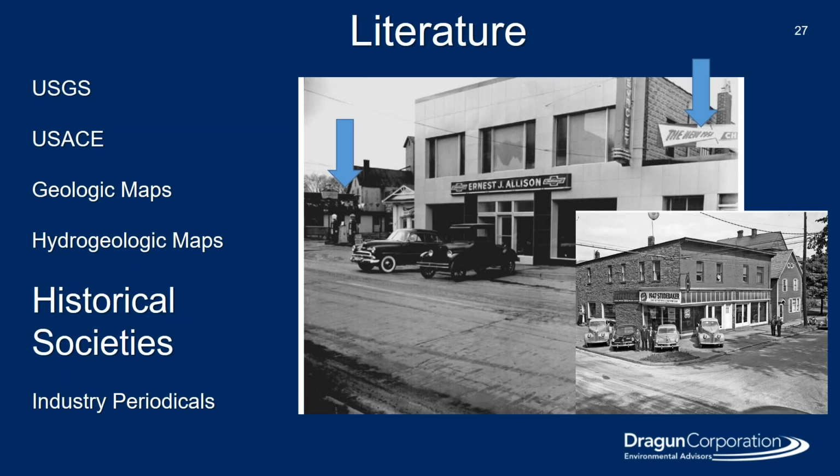And if you look at this a little closer, the larger photo shows that this was one in 1951, so that helps add to your timeline just by looking at the sign. It also shows fuel pumps. So these items may help you develop your CSM, and they may be significant factors in how you investigate the site.